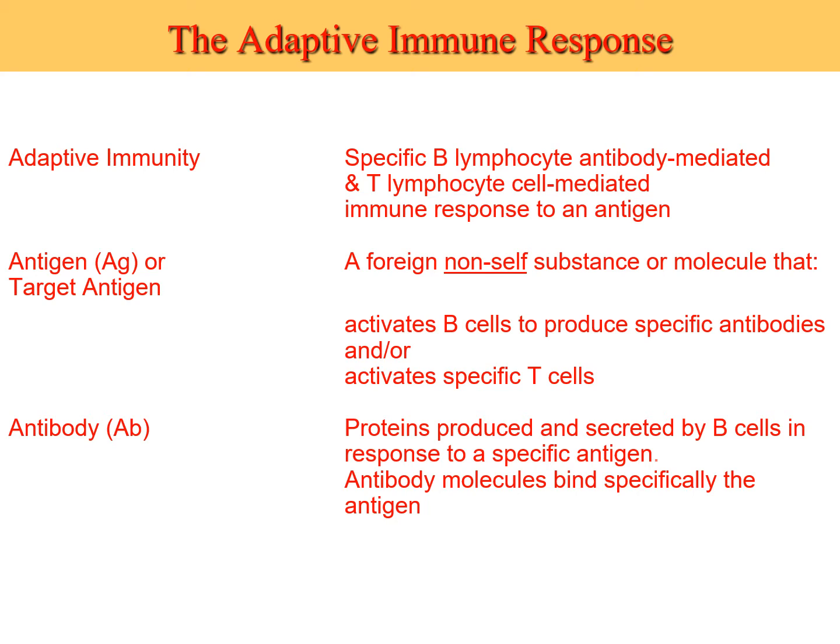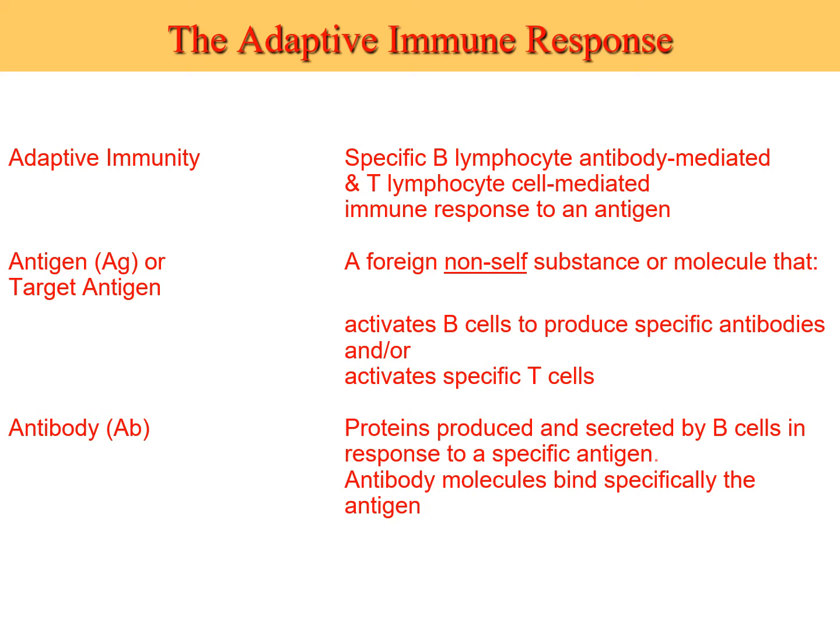So antigens are foreign non-self molecules, and B cells and T cells have antigen receptors. In the case of the B cell, the antigen receptor is an antibody molecule on the surface, and in the case of the T cell, it's a T cell receptor.